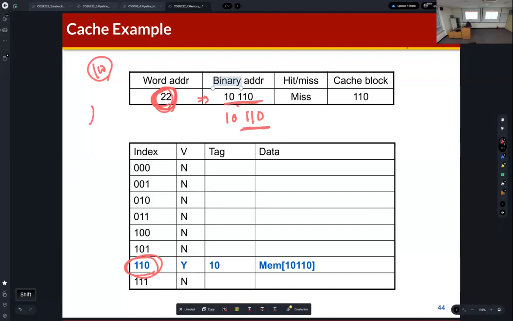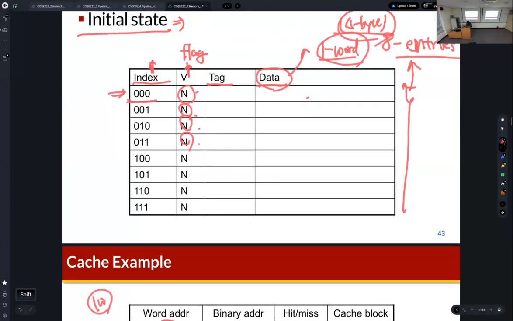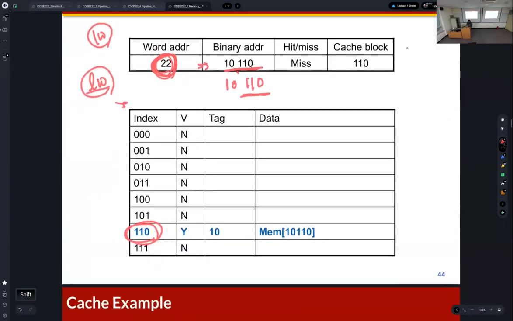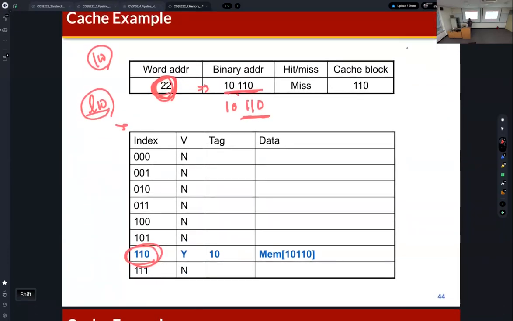Firstly, the load instruction is executed, then the processor checks the cache. When the data is requested, the processor first checks whether the data exists in the cache or not. The processor checked the cache, but the slot is invalid, which means in this cache entry there is no valid data.